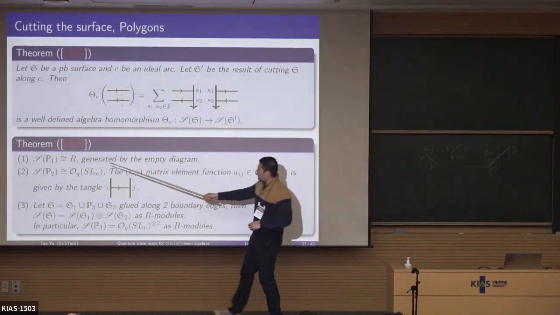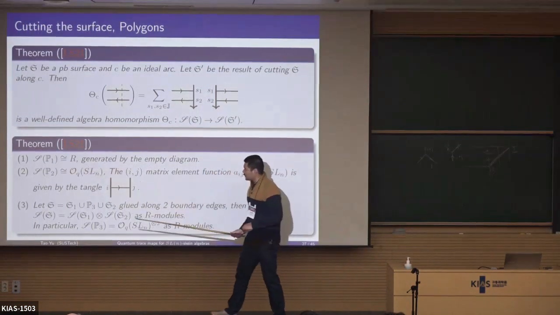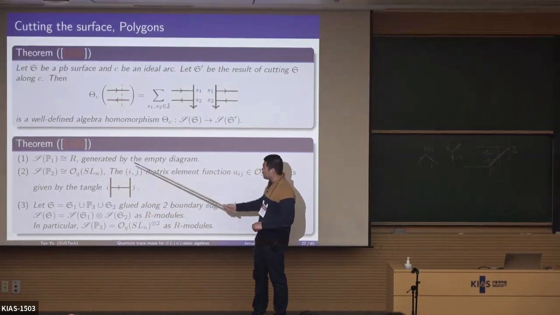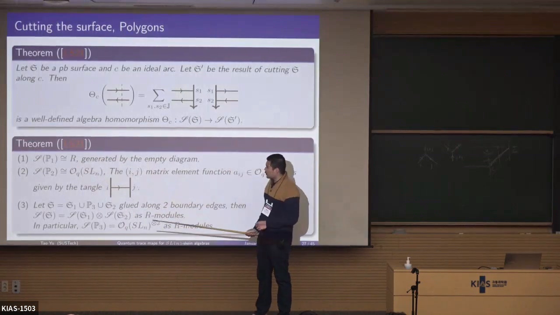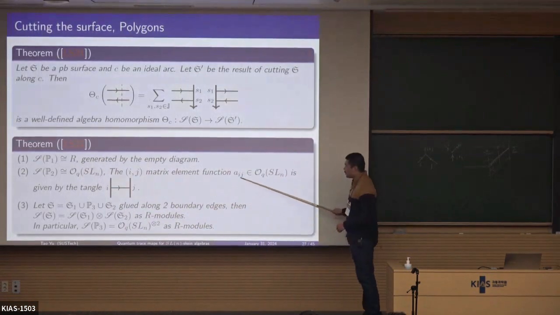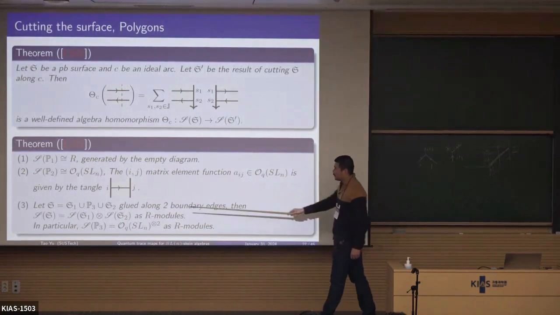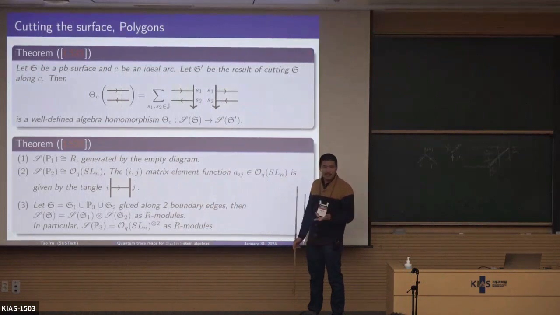Okay, again, our relation is consistent so that when you consider the monogon, you don't get the zero module. When you consider the bigon, you get the entire O_q(SLn). Same thing here. We have the A_ij function represented by this diagram from i to j. Now, because of the orientation, there's actually 2 different isomorphisms.